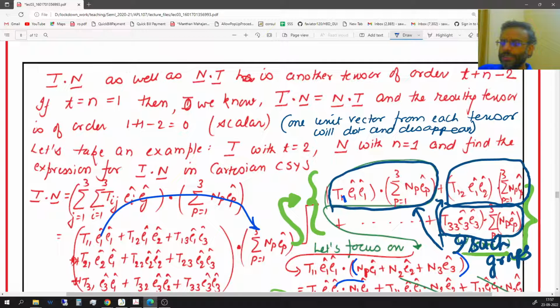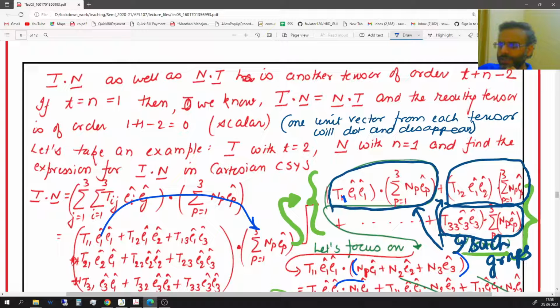Then I take the second one, T12 e1 e2, dotted with the n tensor, all the way to the last part of the T tensor, which is T33 e3 e3, dotting with n_p e_p. So there are 9 such terms. Of course, I have not written all of them here, but I hope it is clear what will come in between these terms if I really have to write.